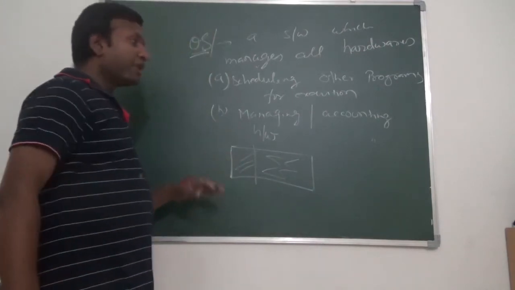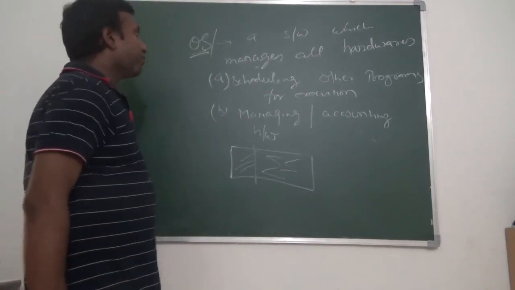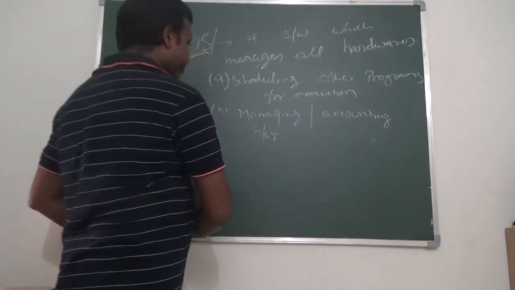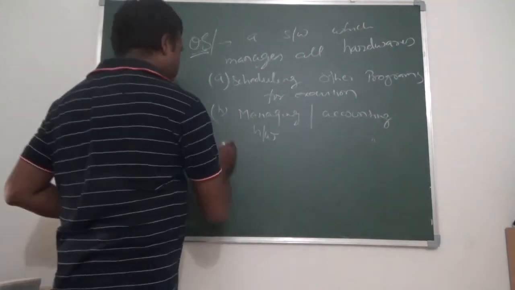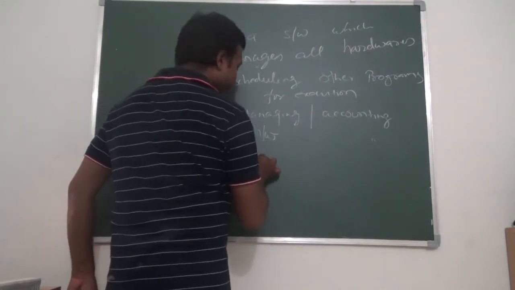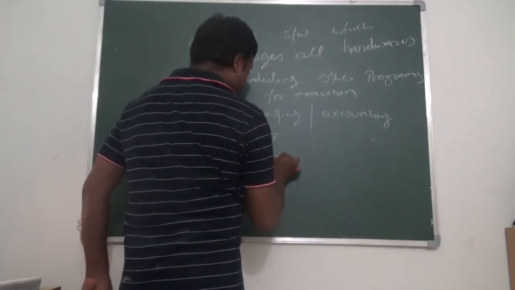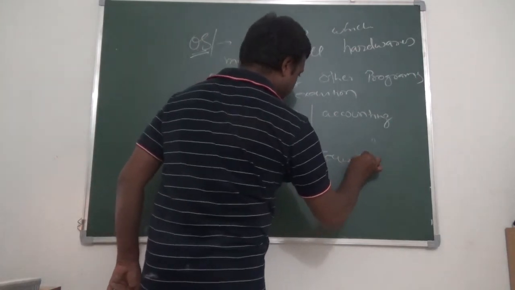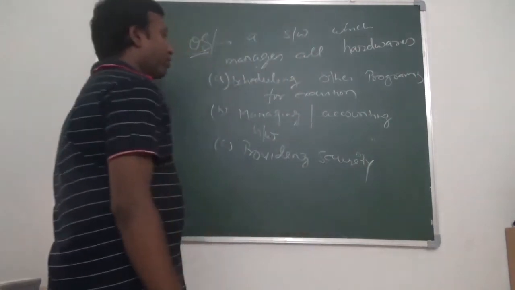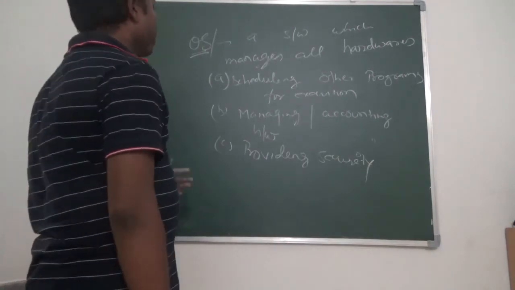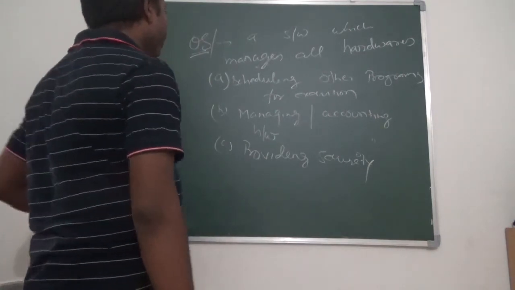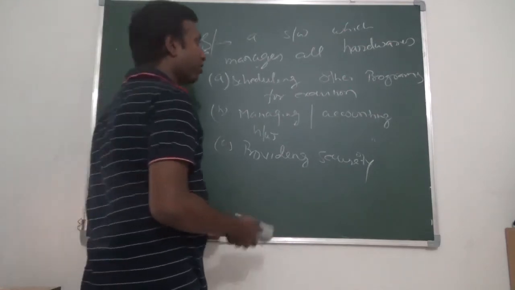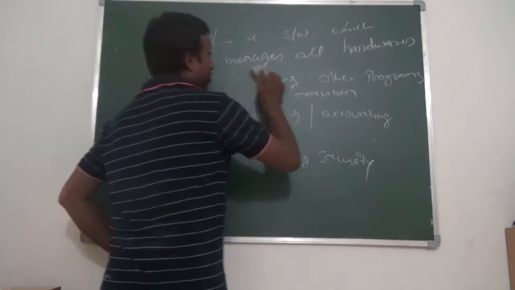So that accounting part is also taken care by the operating system. Okay. Providing security, okay. So these are the part of operating system. The operating system is taking care of all those things.